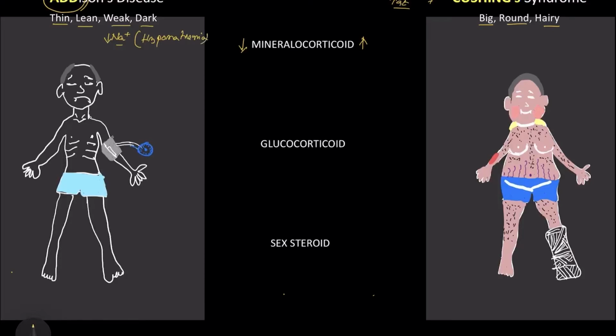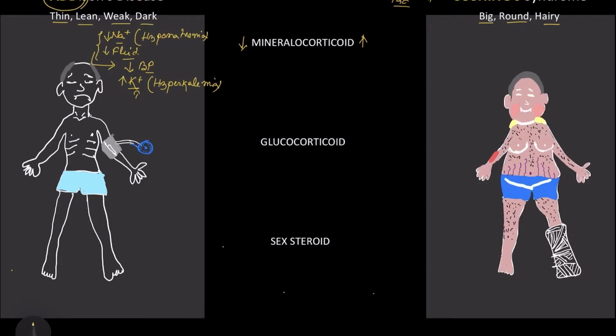Also the fluid will be less reabsorbed, so the fluid in our body will be decreased, and both of these factors lead to a decrease in blood pressure. Also decreased aldosterone leads to decreased potassium excretion, so it will lead to potassium excess in blood, that is hyperkalemia. If you perform an ECG in this patient, it will be reflected as a tall peaked T wave, which is the feature of hyperkalemia.